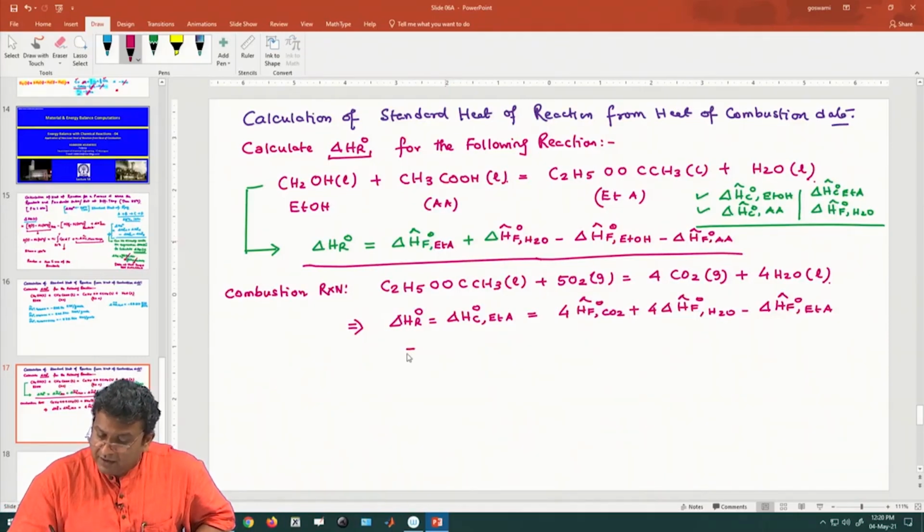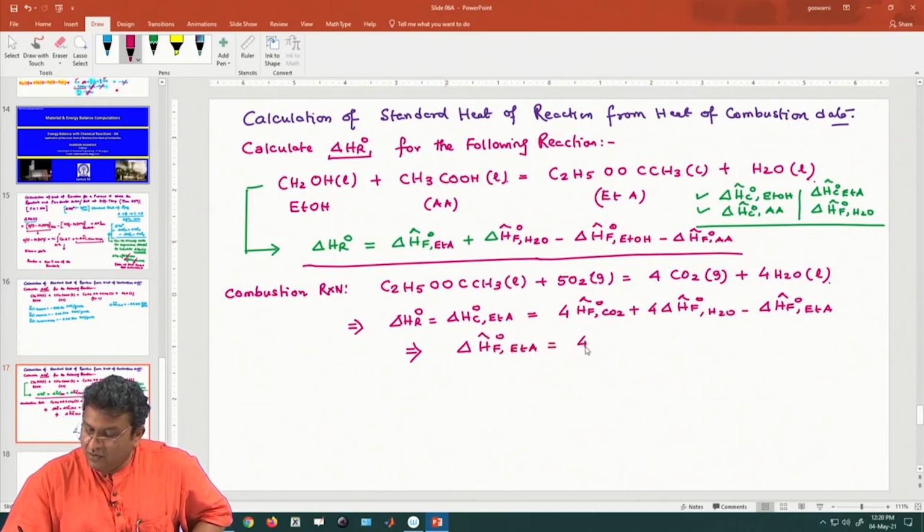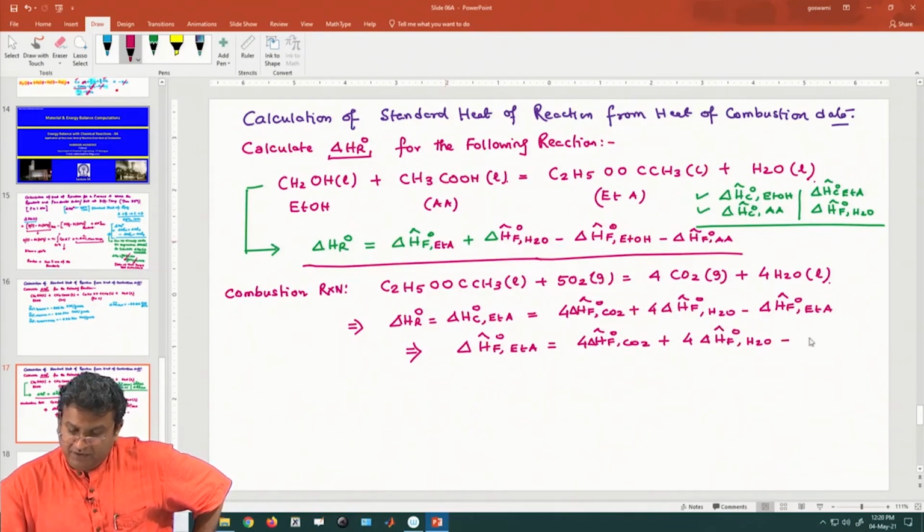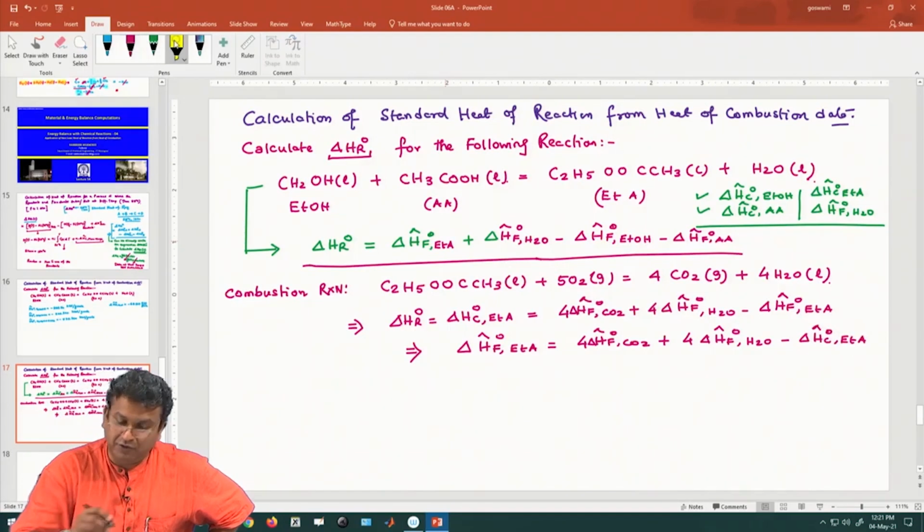So, from here we get an expression for heat of formation of ethyl acetate, which is 4 times heat of formation of CO2 plus 4 times heat of formation of H2O minus heat of combustion of ethyl acetate. I hope it is clear to all of you.